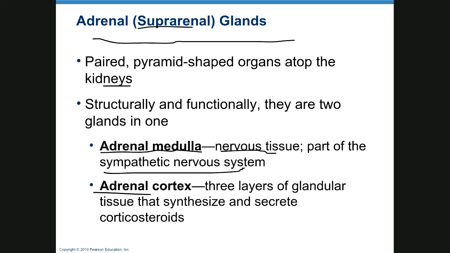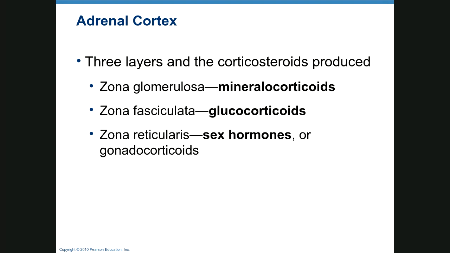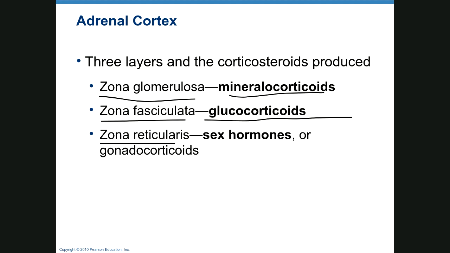okay, slide, let's move forward. Oops, we got 2. There we go. Okay, the zona glomerulosa releases mineralocorticoids. Zona fasciculata produces glucocorticoids. Zona reticularis produces sex hormones, gonadotropins.